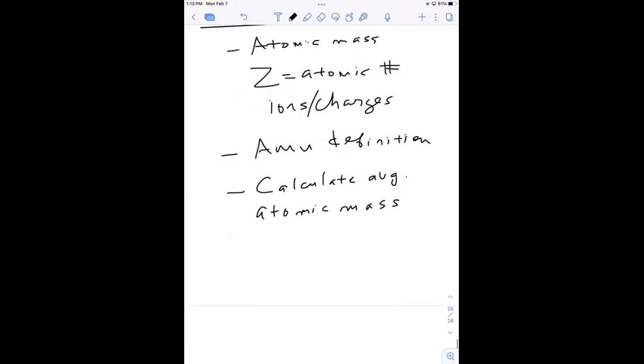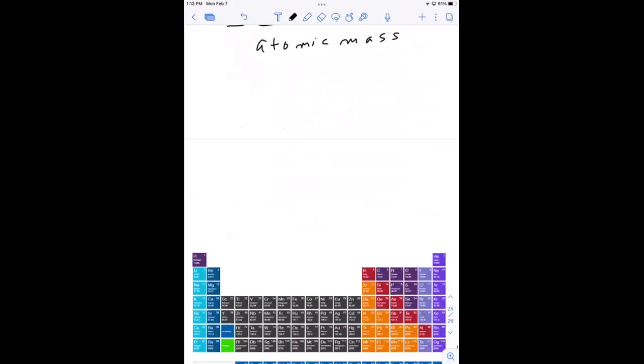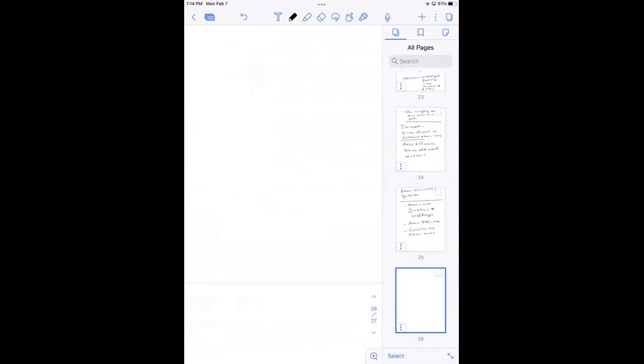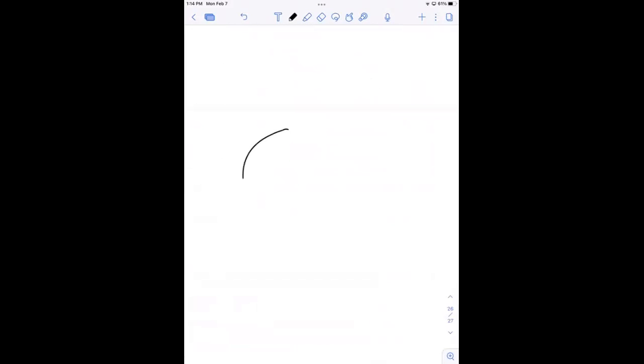All right, so with those topics in mind, and with those subtopics in mind, let's jump in and let's start talking about the atomic mass of an atom. And again, when we think about the model for an atom, let me add another page here. I'm trying to keep that periodic table because we're going to talk about that shortly. When we talk about the model for the atom, we have this small nucleus, right?